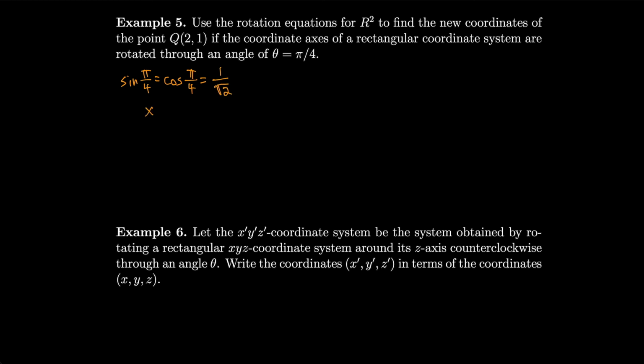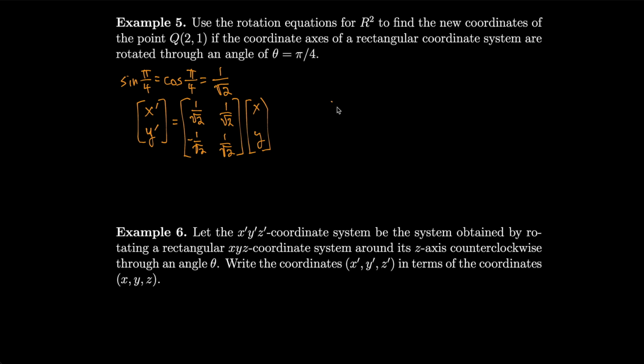So then I'll have (x', y') equal to [1/√2, -1/√2; 1/√2, 1/√2] times (x, y). Looks a little familiar.